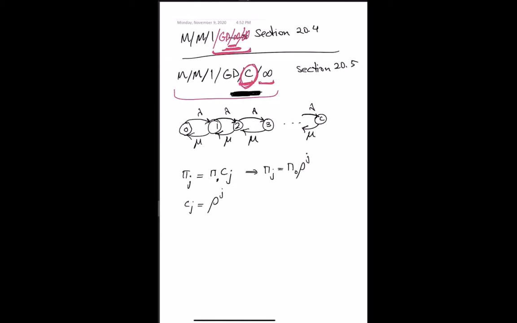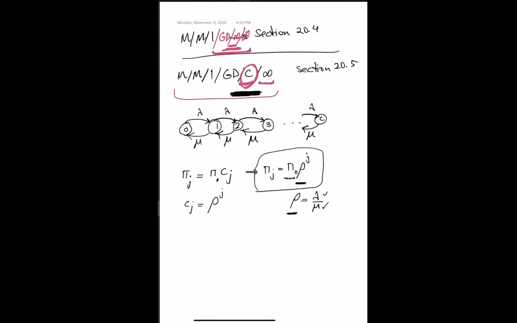In this formula, obviously rho is lambda over mu. We always know lambda and mu, so we know rho. Similar to the previous system, if I can find the value of pi 0, I can use this formula and find the value of pi j for all j's.